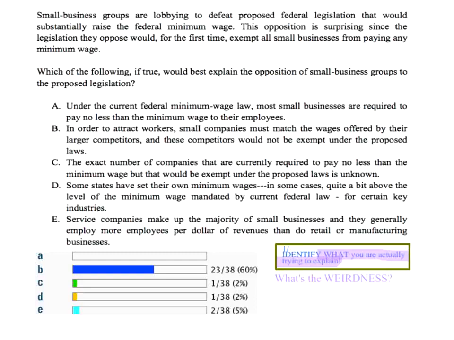It's not that it would benefit them, at least not directly. It's just that they shouldn't really care one way or the other. They're exempt from the law. That means the law doesn't affect them at all. So the law would raise the minimum wage, but not for small businesses.